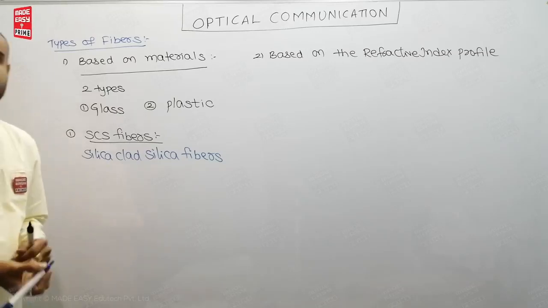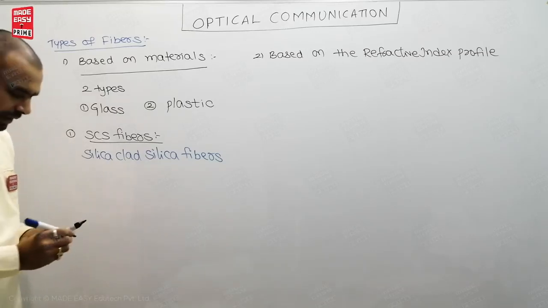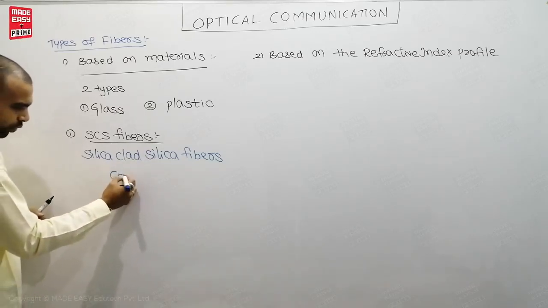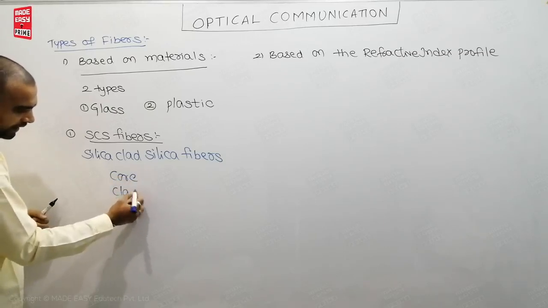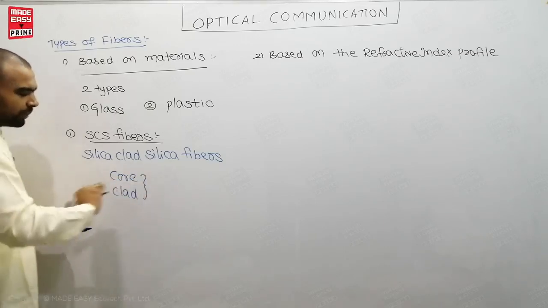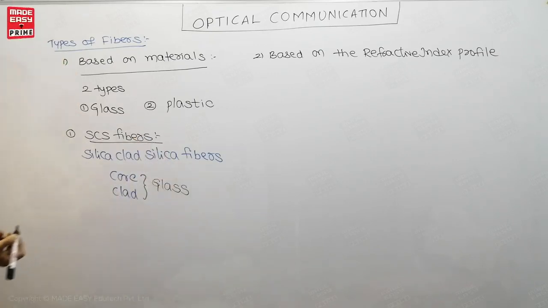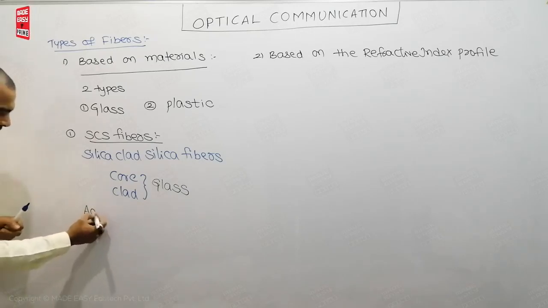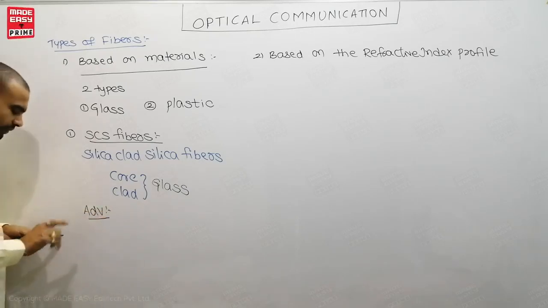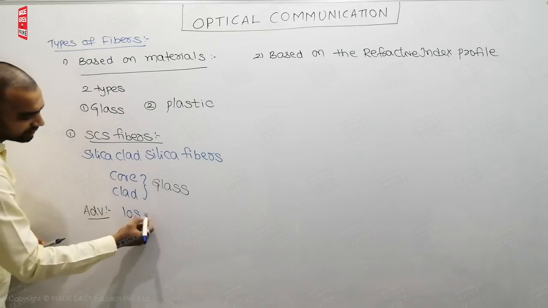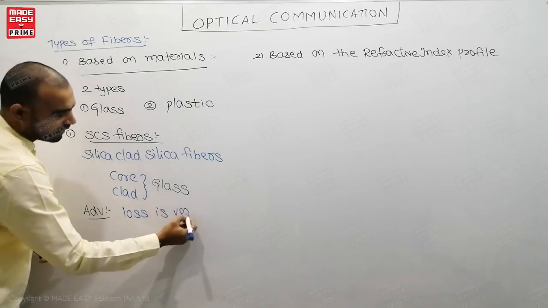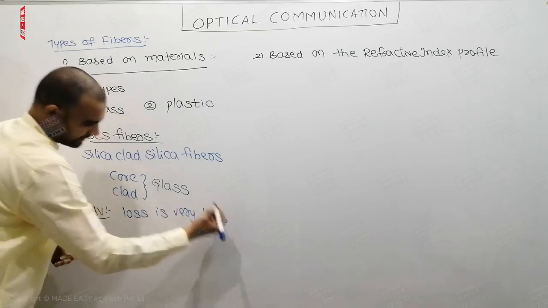The meaning of this is that core and clad both are manufactured with glass. If you look at the advantage of this one, the loss is very less.